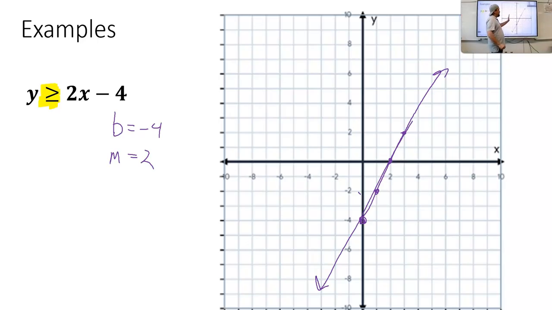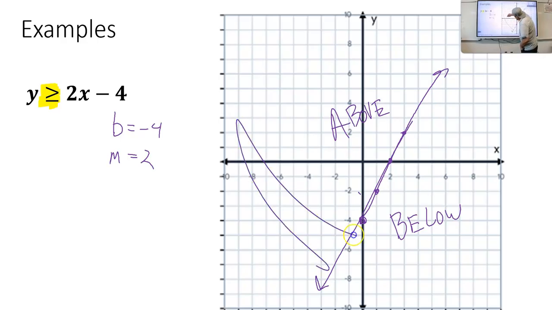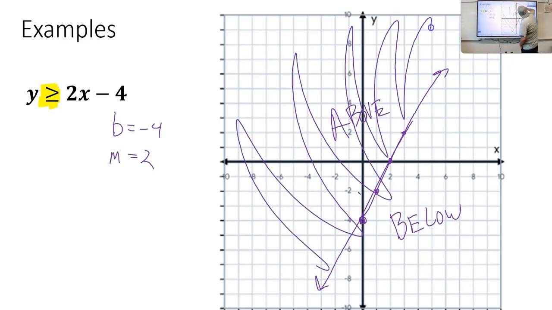In this graph, slanted up and to the right, this would be considered above the graph, and this would be considered below the graph. Since it's greater than, we have to go above the graph, and I would shade in everything above that. Oops, I shouldn't be right there. My bad. Anything above would be part of my solution.